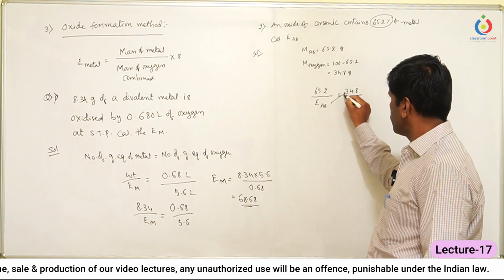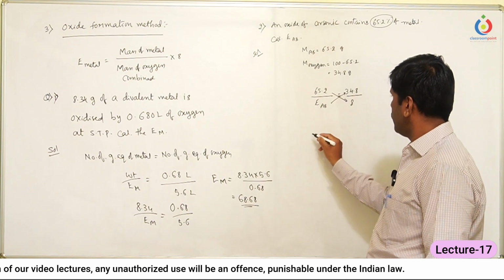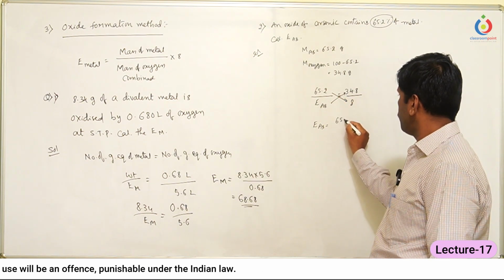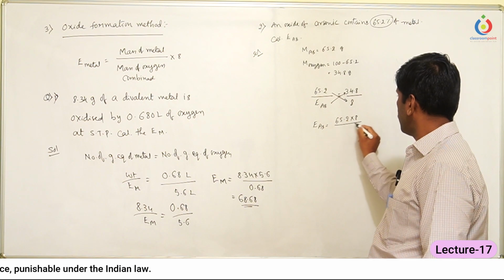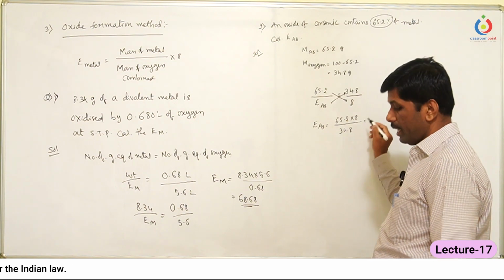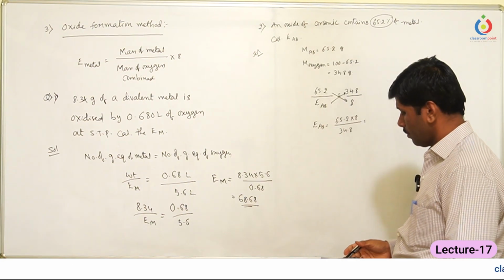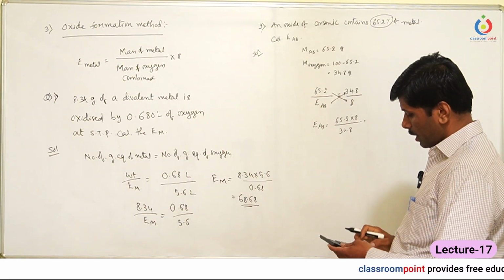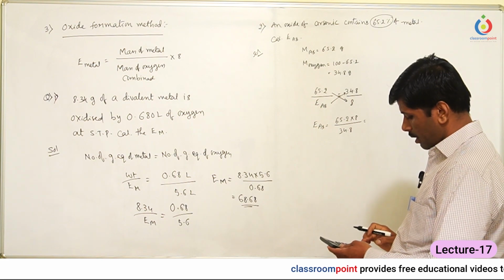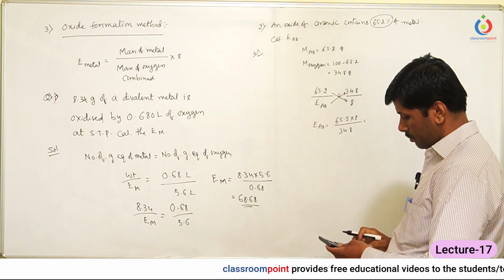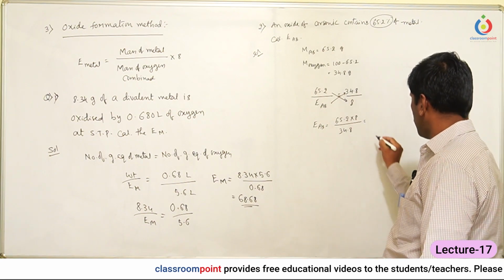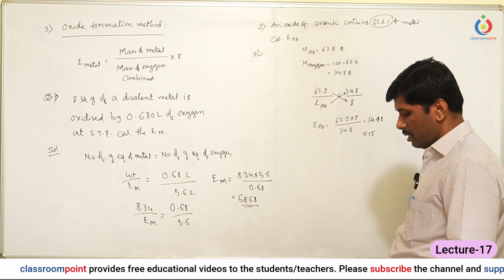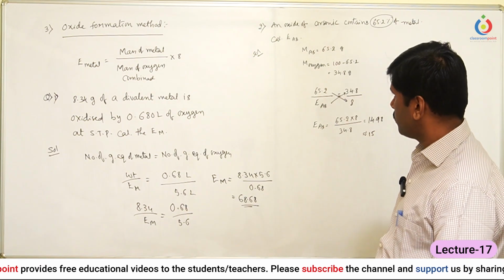Do the cross multiplication so that you get the equivalent mass of arsenic equals 65.2 into 8 divided by 34.8, which is 14.98, so approximately you can consider it as 15.